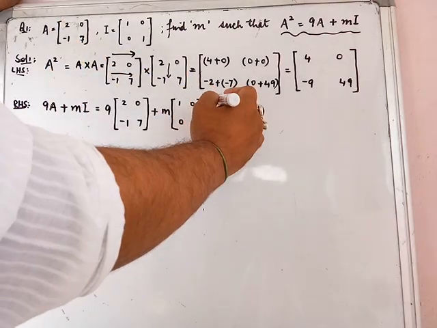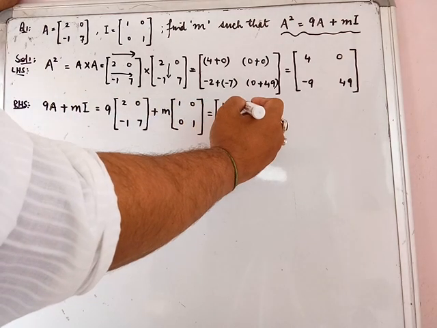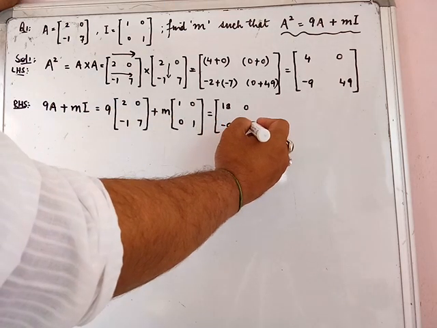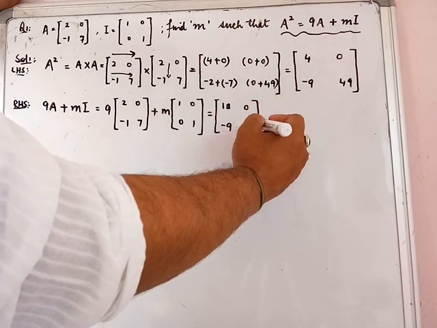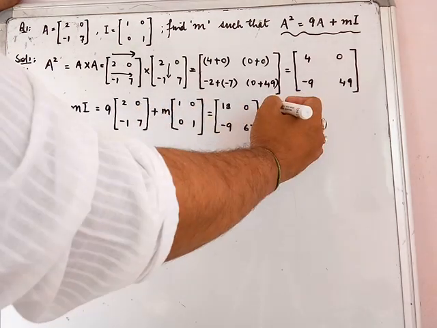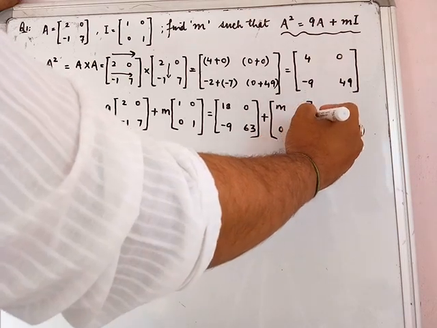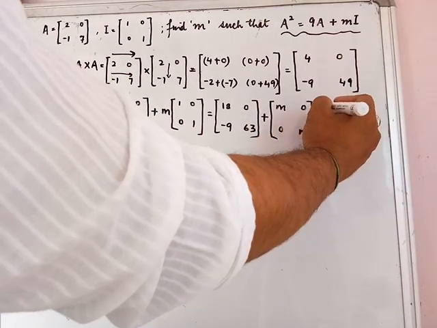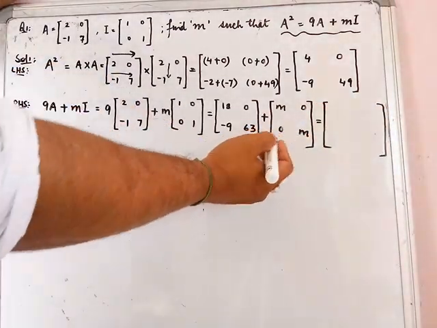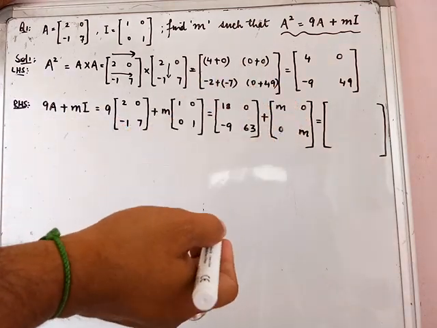So 9 2s are, I am talking about the first multiplication first, 9 2s are 18, then you have a 0, then you have a minus 9, 9 7s are 63. So that is the first matrix, plus the moment this m goes inside you have m 0 0 m. Equal to. So the last step, what do we have? These are two matrices that are getting added up, so their individual corresponding elements will be added up.